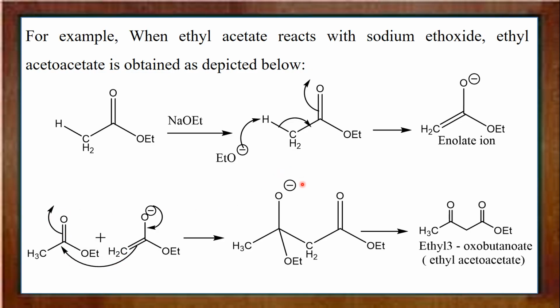This O minus comes back, pushing out the ethoxide. Once the ethoxide is removed, we get acetoacetic ester, ethyl acetoacetate. So this is a good example for Claisen condensation, where two ester molecules are condensed to give the beta keto ester.